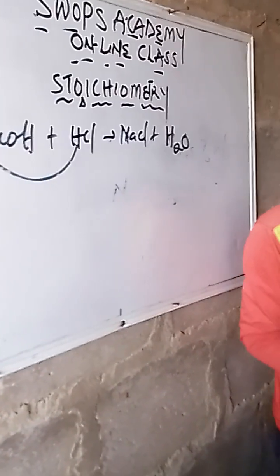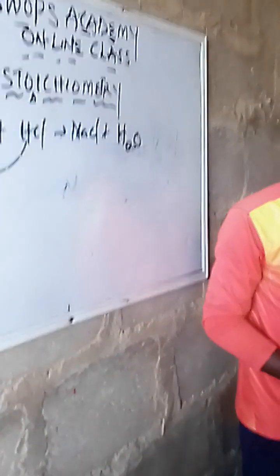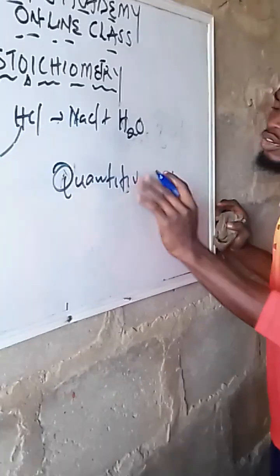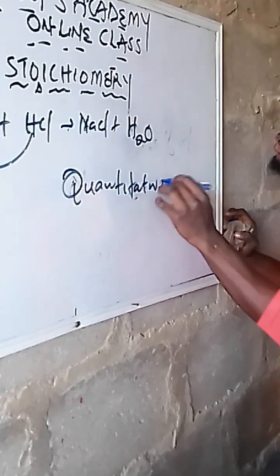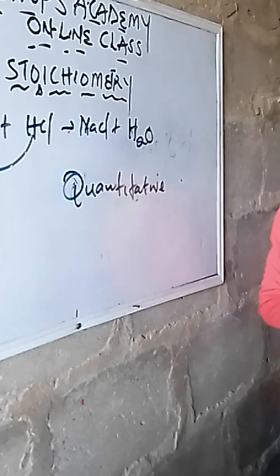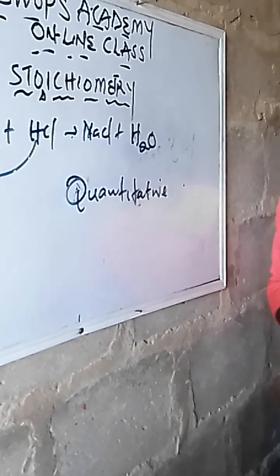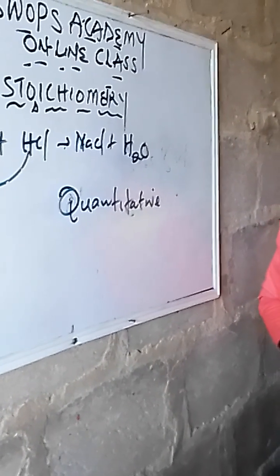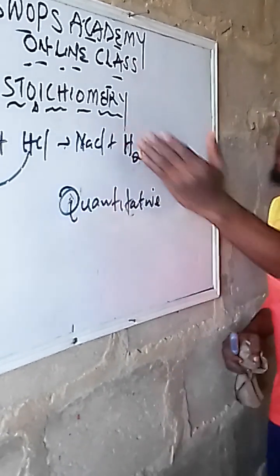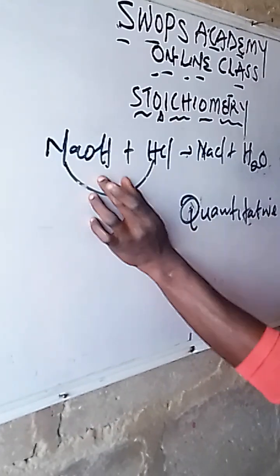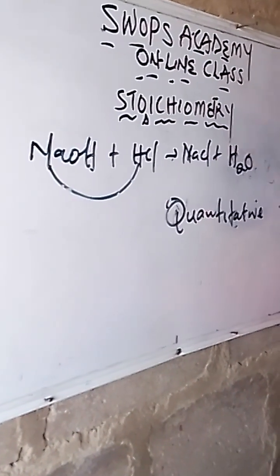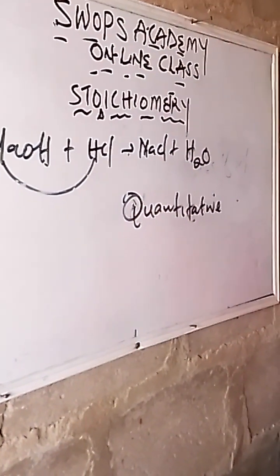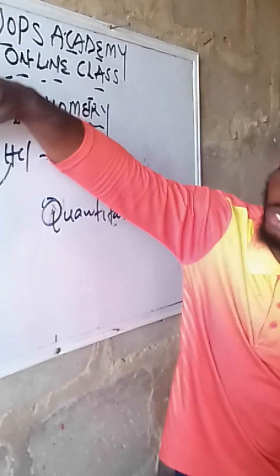analysis of knowing the numbers of the volume, the mass, the moles, the molar mass of each element present in the chemical reaction.